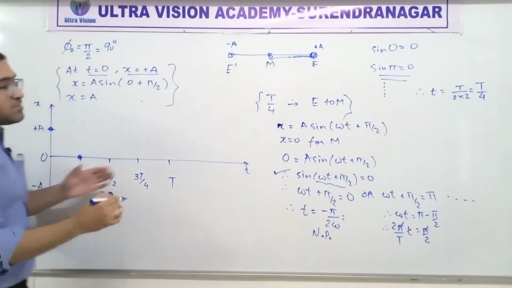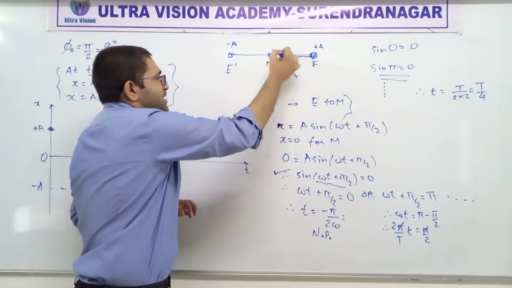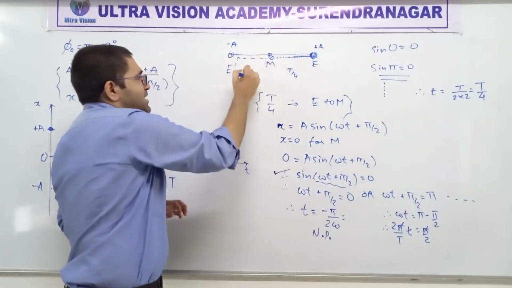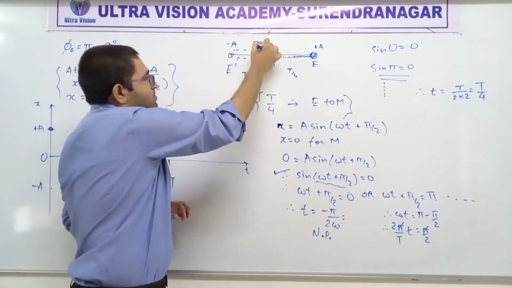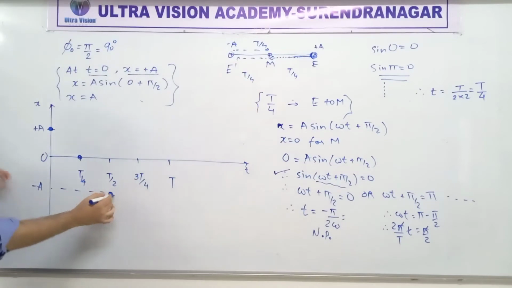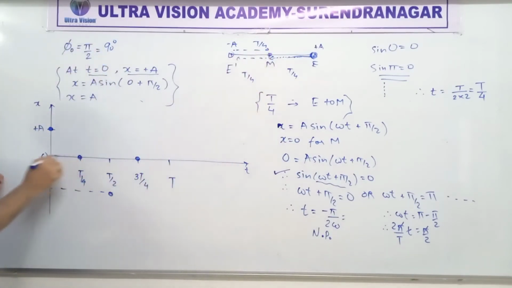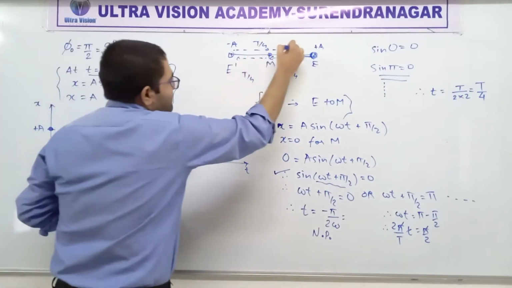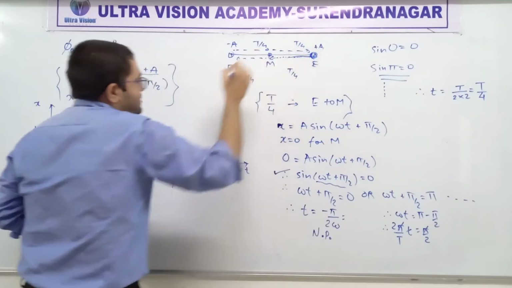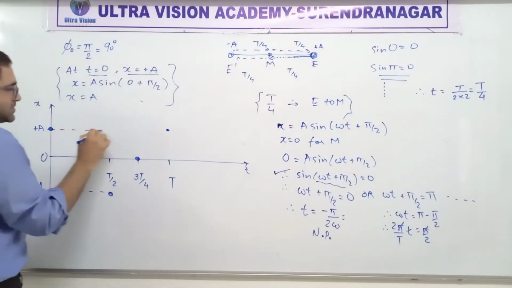Then in one more T by 4, it will go from E dash to M. So here at 3T by 4, it will go back to M, that is 0. And then finally, in one more T by 4, it will complete the whole oscillation and go back to E, that is at plus a.